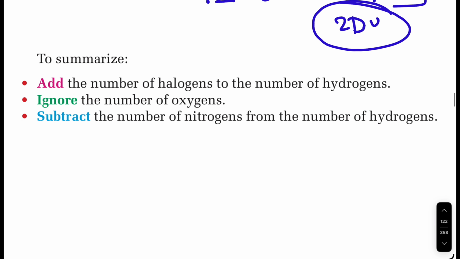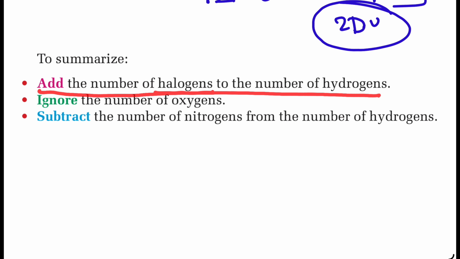Finally, to conclude this, if you have halogens, add the number of halogens to the number of hydrogens. If there are 2 halogens, add 2 hydrogens. If there are x halogens, add x hydrogens to the existing number of hydrogens. If you have oxygens, you just ignore them. Don't disturb the number of hydrogens whenever the given compound contains oxygen.